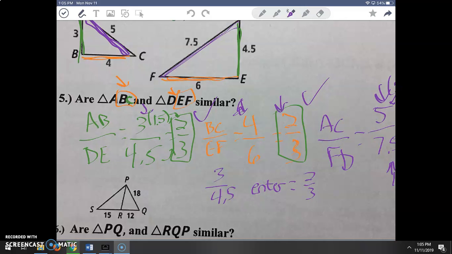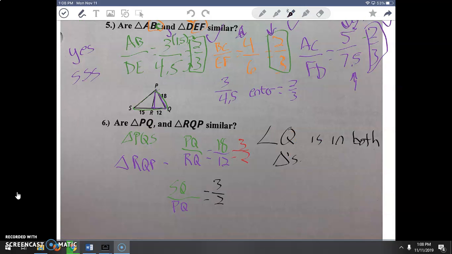Set it up yourself and see what you get. So the first thing that we have to do, you look at that Q is in both triangles. Okay, so there's your angle for both triangles if you separate them. Q is going to be right there on both of them. Okay, so in this particular one, we have the included angle.